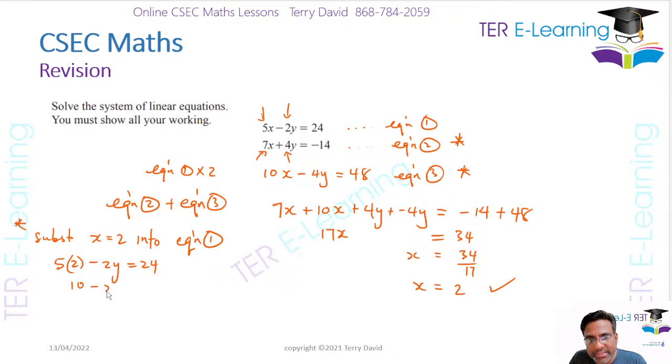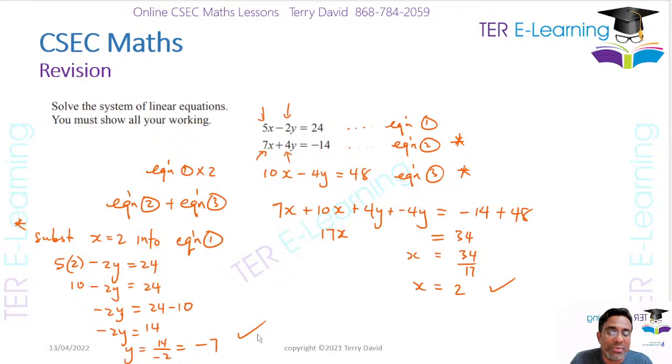So 10 minus 2y is equal to 24. So minus 2y is equal to 24 minus 10, which gives me 14. And therefore y is equal to 14 over minus 2, and this gives me minus 7, right? So I have x is equal to 2 and y is equal to minus 7, right?